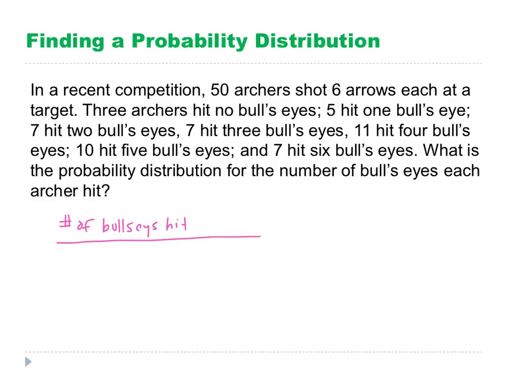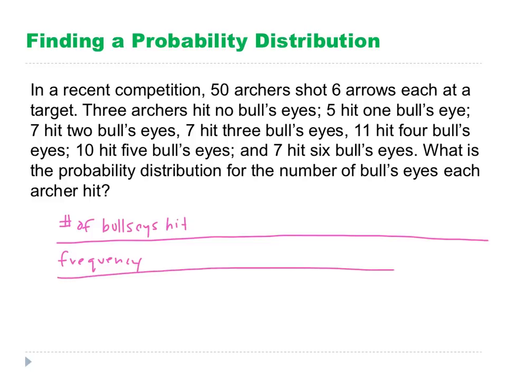All right, so that will be our first row. And then we have the frequency of each of those occurring. And then finally, we will have our relative frequency or our probability.